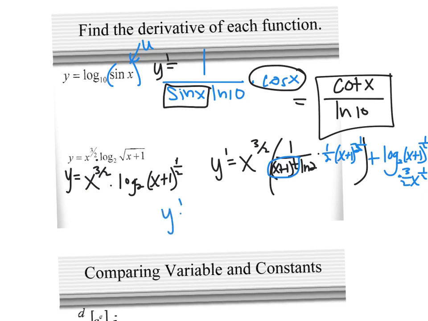So your y prime, if you want to make it look pretty, is x to the 3/2 over, the nice thing is that these actually simplify to, it's like saying negative 1/2 minus 1/2, so it's like negative 1. So if you bring it down to the bottom, I'm going to rewrite this as 2 ln of 2, because I'm just moving things together.